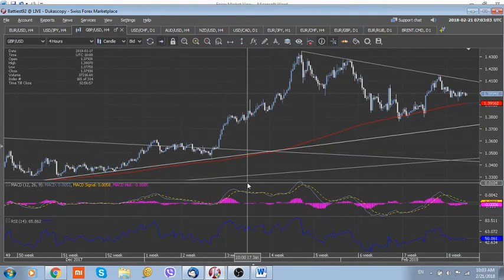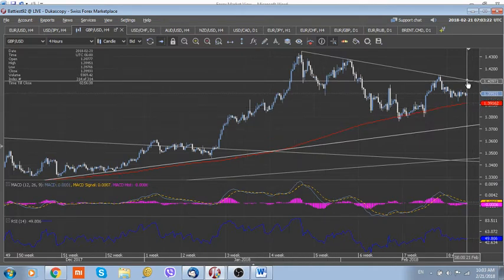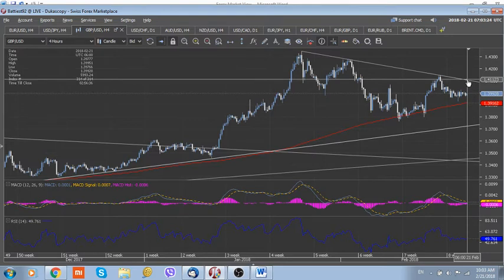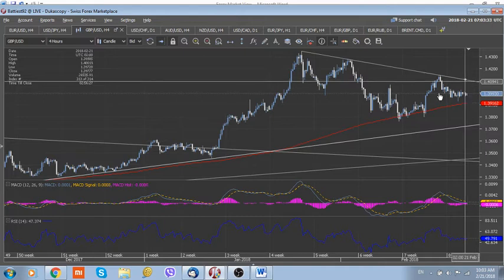The cable, which is fluctuating around the psychologically important 140 barrier, should also sooner or later extend its current bullish trend. But to be more promising in its upside potential, the pair should break above the short-term downtrend at 141.05.